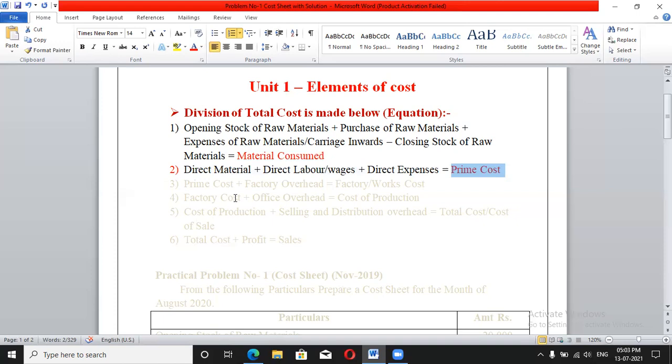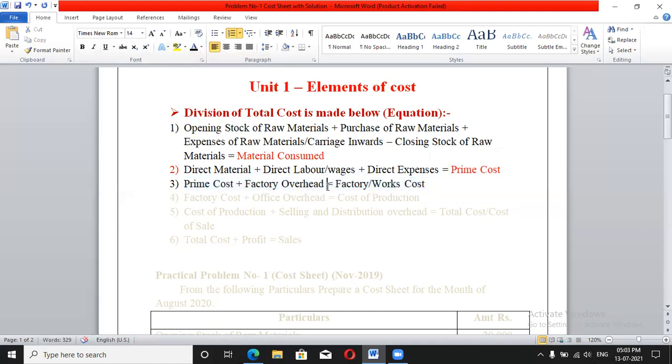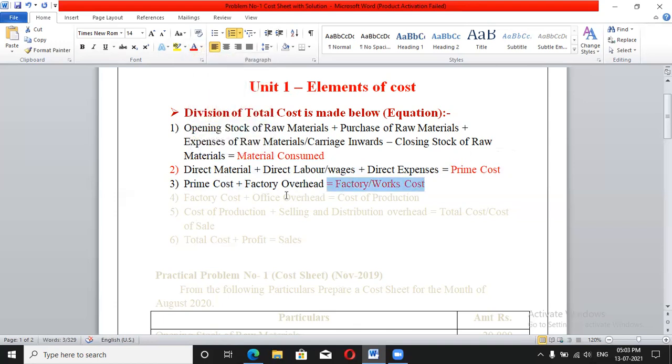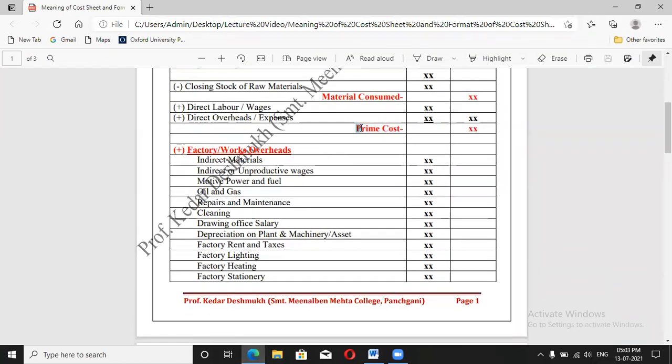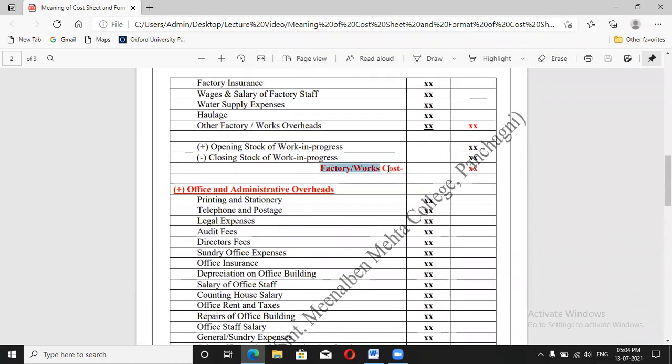The third equation is prime cost plus factory overhead. You know the format of cost sheet. When we add factory cost to prime cost, we get the figure of factory or work cost.